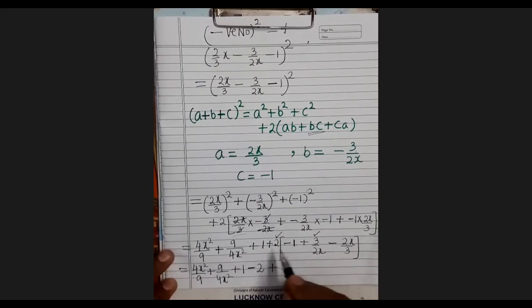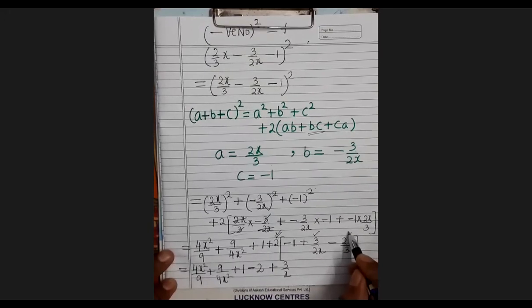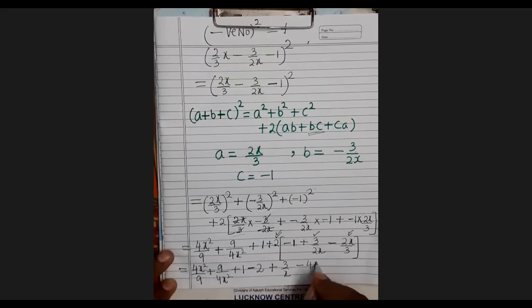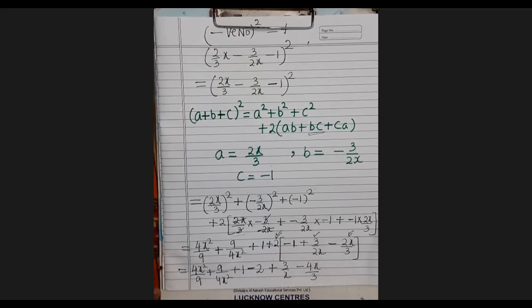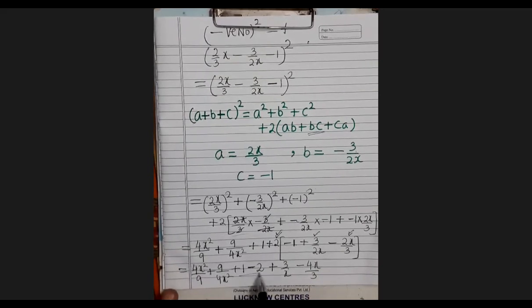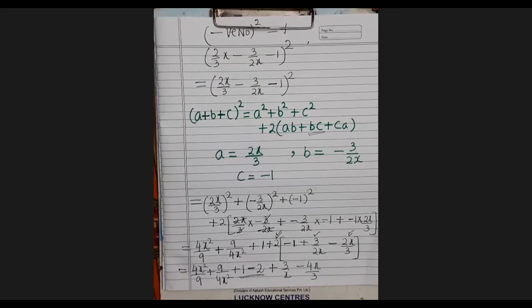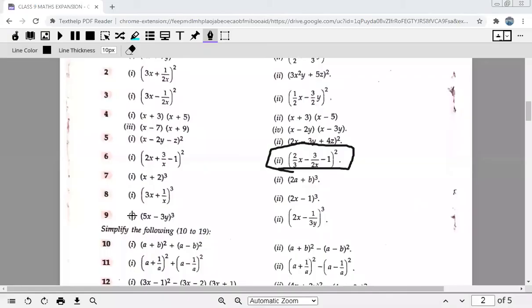And when you will multiply this with this, what will you get? Minus 4 by x upon 3. Then in next step, we will simplify this thing. 1 minus 2 equals to? 1 minus 2 equals to minus 1. It's clear?